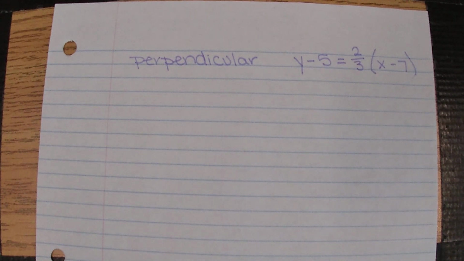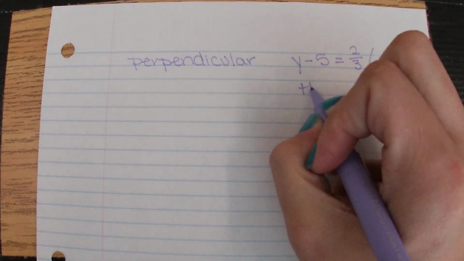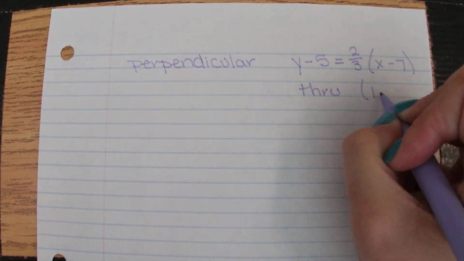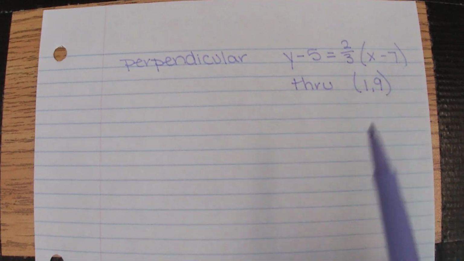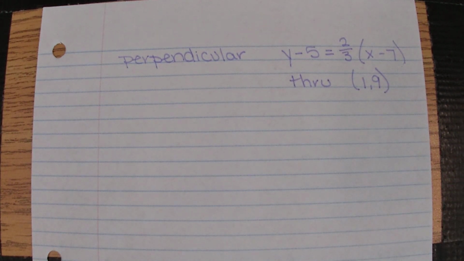Okay, so if I do that, I also need a point for it to pass through. I didn't finish writing down the problem. I want it to pass through the point, I'm just gonna shorthand this over here, 1, 9. So I want it to be perpendicular to this and pass through the point 1, 9.